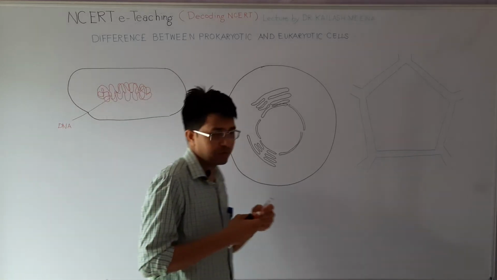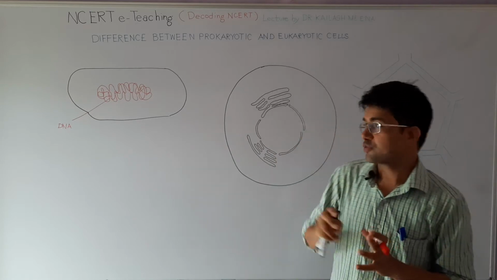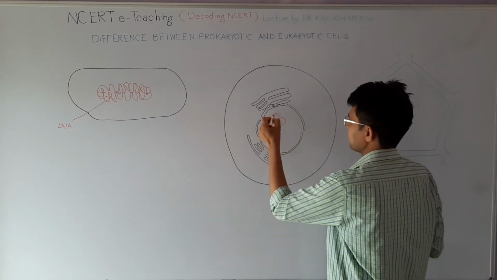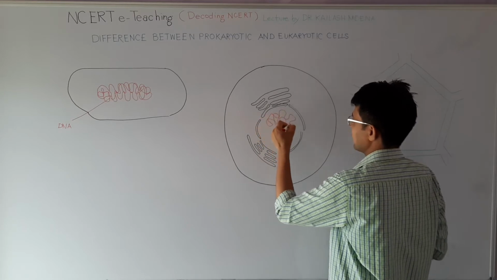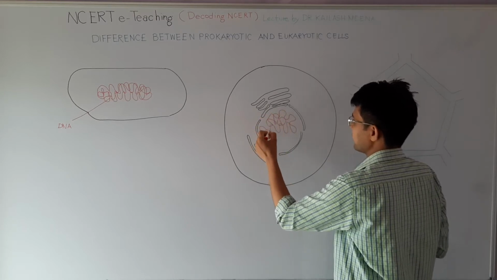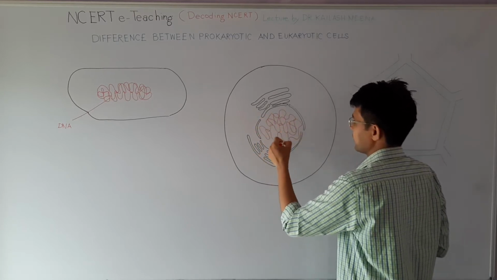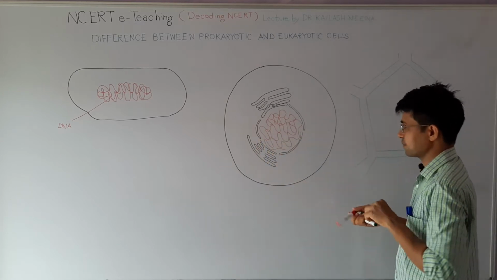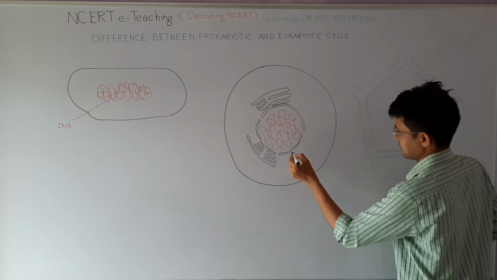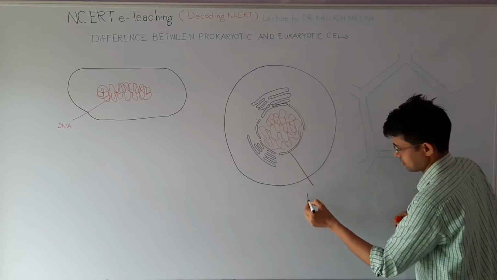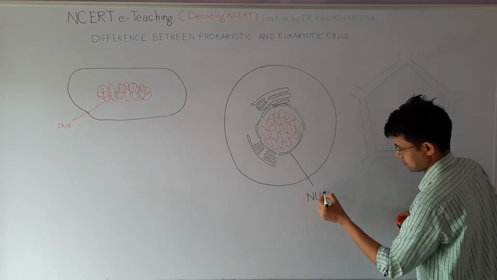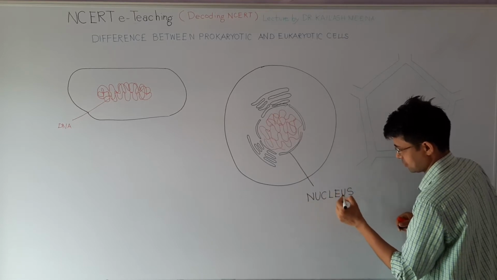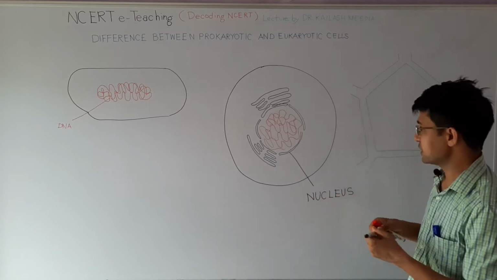This DNA or the genetic material is essential for any cell. So eukaryotic cells also have DNA, but in a closed compartment of membranes. This closed compartment is called the nucleus along with its membrane.